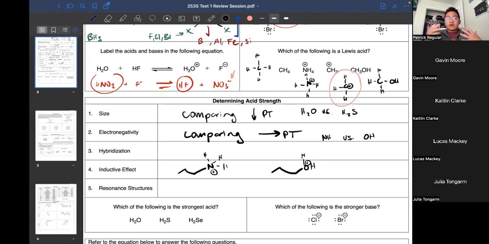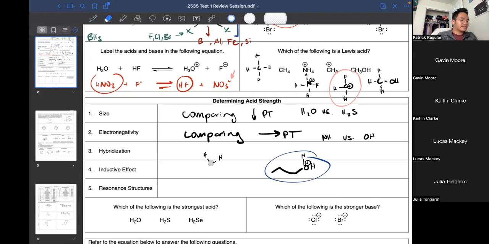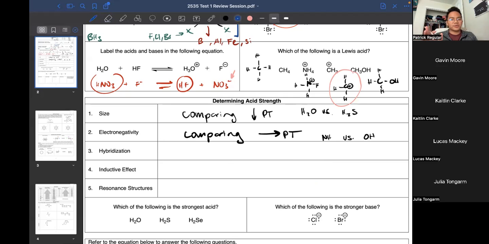These are in the same period. For this case, which one's more electronegative? It's going to be oxygen. So this is the most acidic species because they're in the same period but in different groups. So the more electronegative one is the most acidic one. Does anyone have any questions regarding that? I know I just erased it, but I can go back.